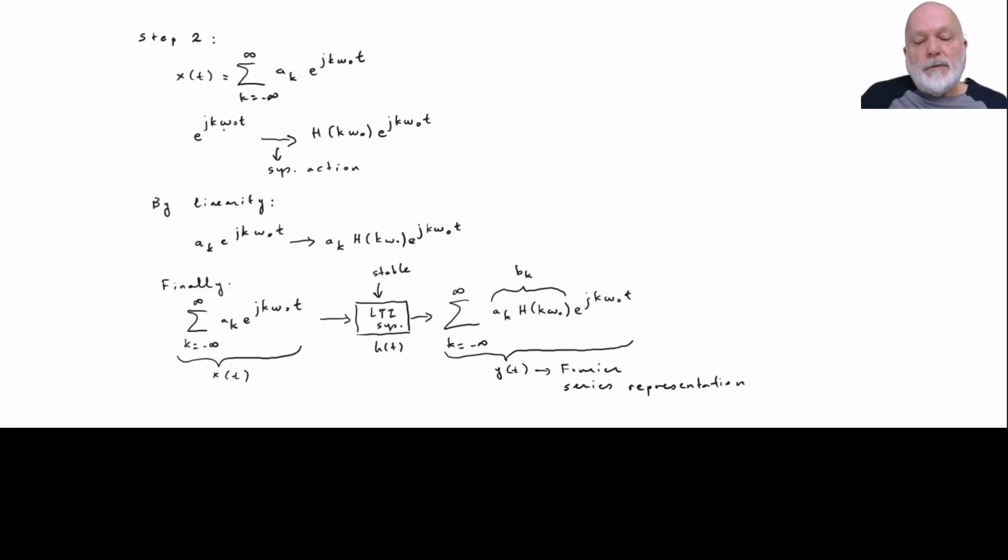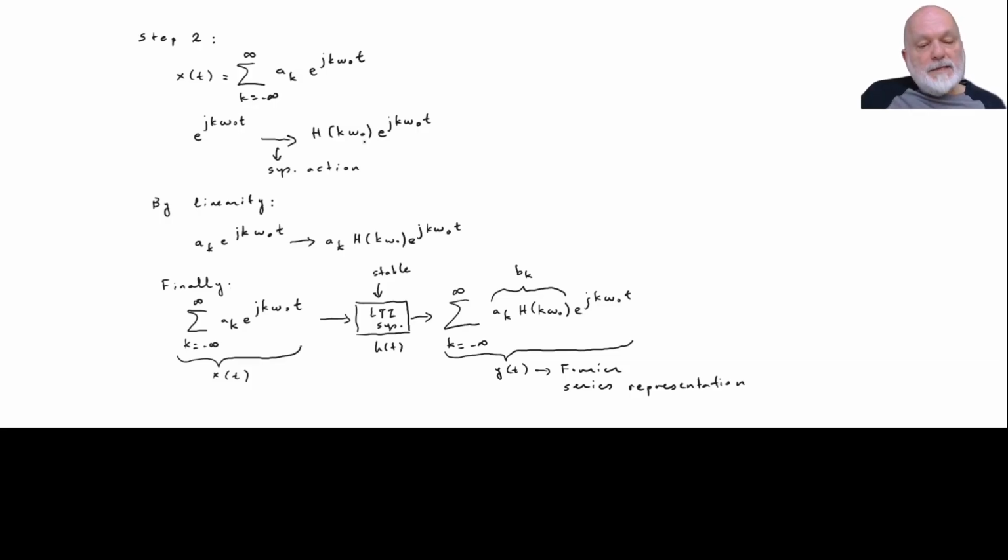So the complex exponential signals are eigenfunctions of stable LTI systems because the system action is just a multiplication or a scaling by a certain complex constant.